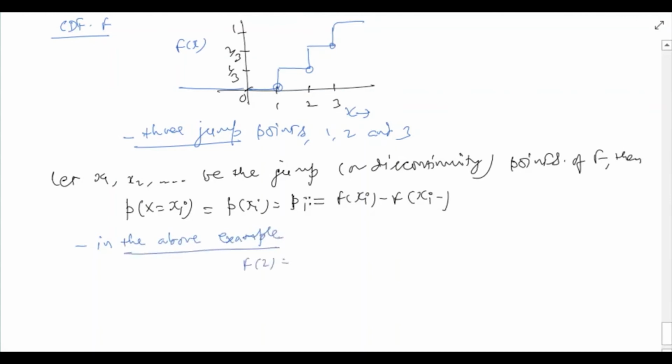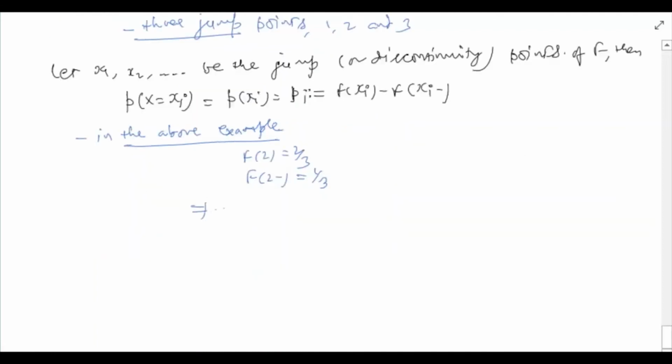For instance, in the above example, F of 2 is 2 by 3, F of 2 minus, that is value of the CDF just before 2, is 1 by 3. Hence, probability of X being equal to 2 is 2 by 3 minus 1 by 3, which is 1 by 3.